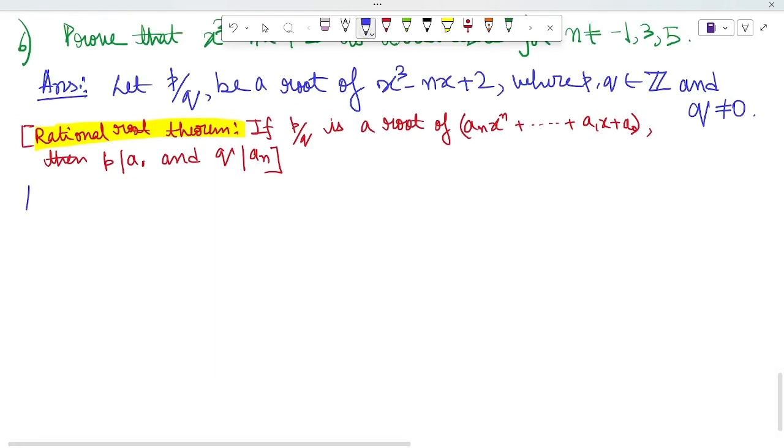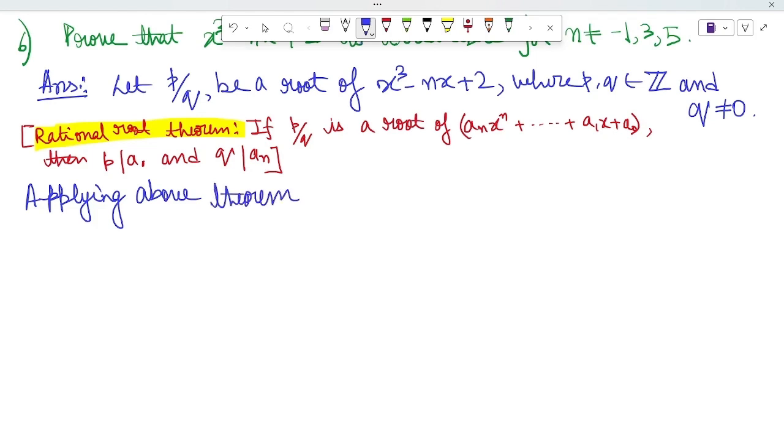So applying the above theorem, we have P divides 2 and Q divides 1.